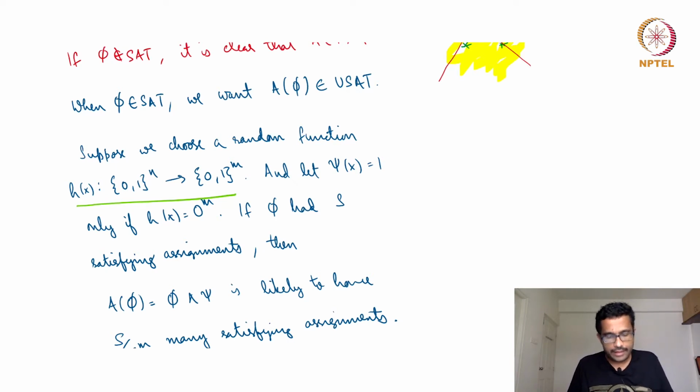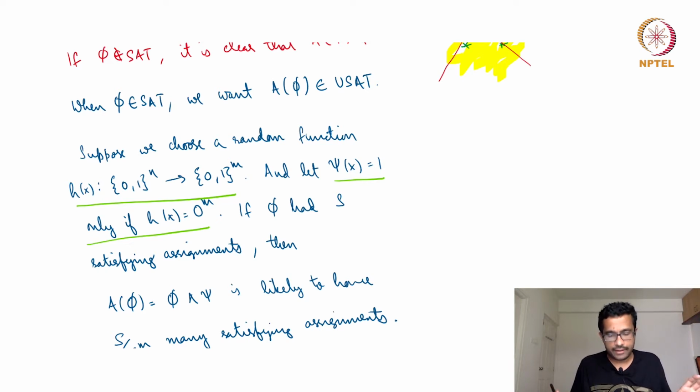Think of h as a Boolean function that goes from 0,1 power n to 0,1 power m. We'll say what m is later, and psi is the formula that corresponds to h of x being all zeros.